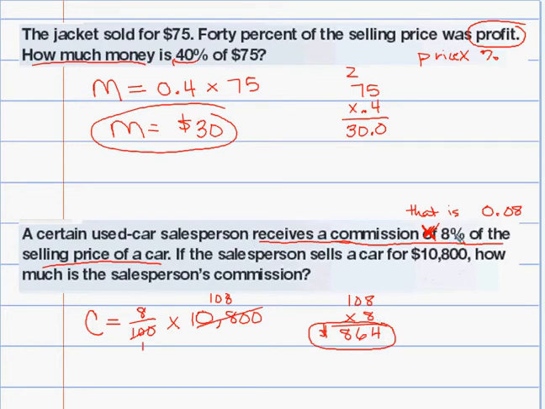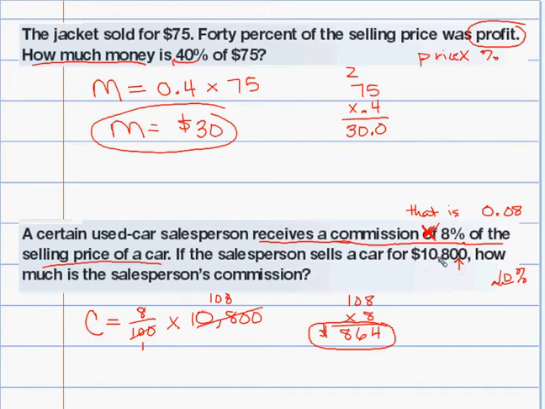Now, what is 1% or even 10%? 10%, you would move the decimal 1 place, sorry, 1 place. So 1%, your decimal would be here, and it's less than that.